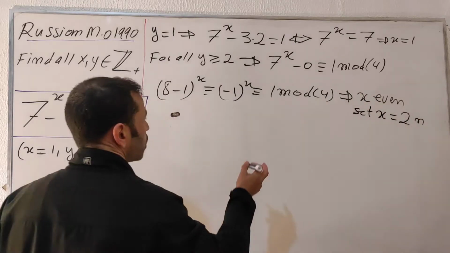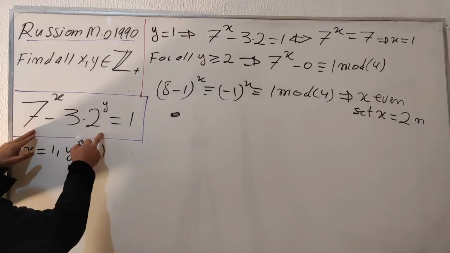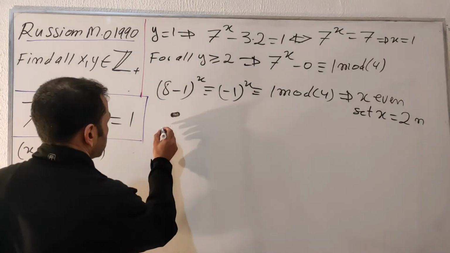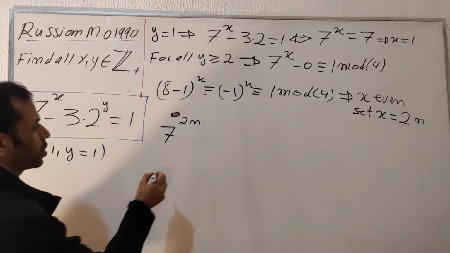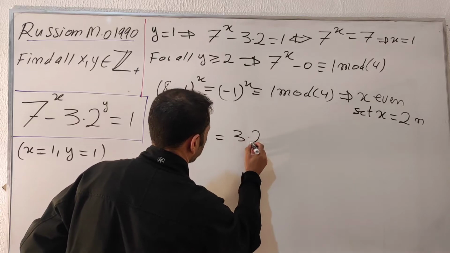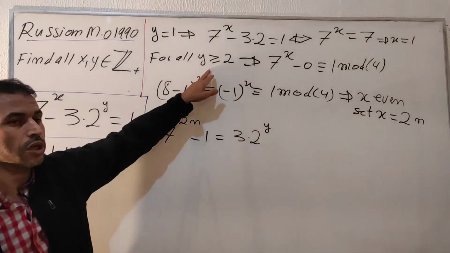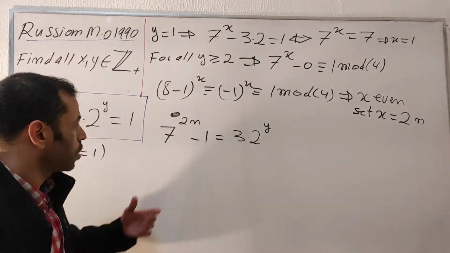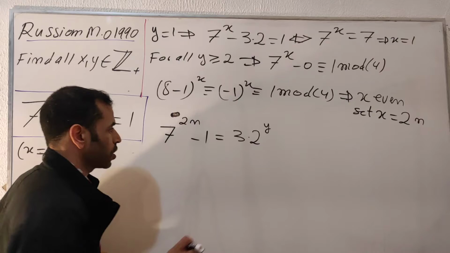Let's take this value of x and insert it back into the original equation. I get 7 to the 2n, and by moving the 1 to the left, I get minus 1 equals 3 multiplied by 2 to the y. We are always working under the condition y greater than or equal to 2. So I have a difference of squares, and I'm going to factor it in the form of a product.